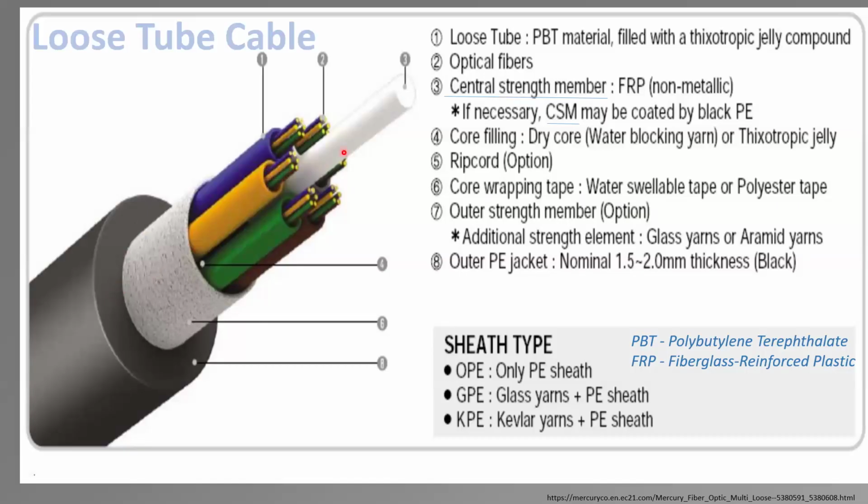On top of that, inside here, you have something that's called a strength member, and it's also some kind of a poly synthetic material. That number 3, center strength member, is FRP, fiberglass reinforced plastic. There you go.